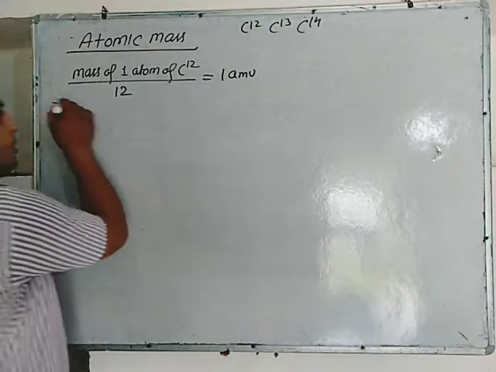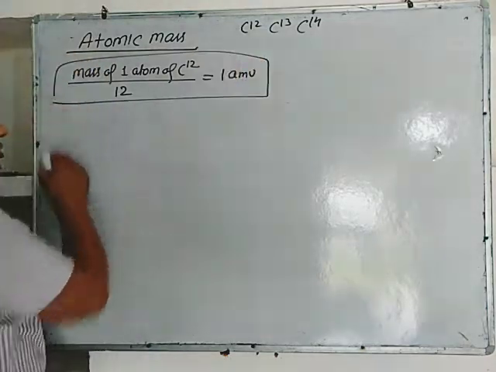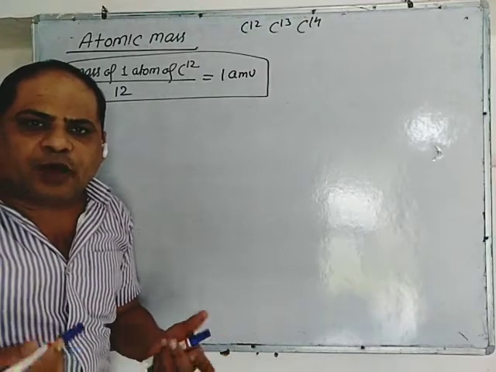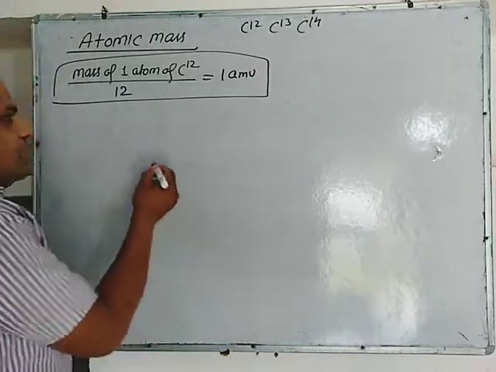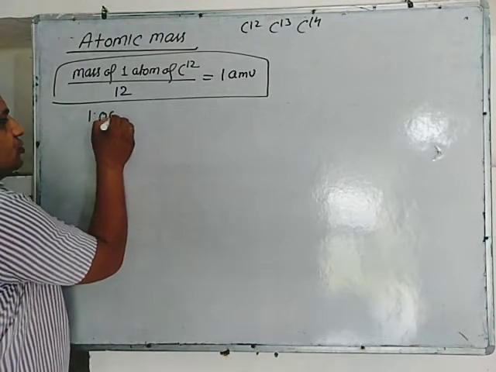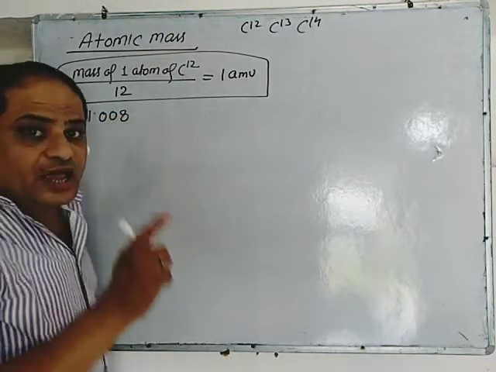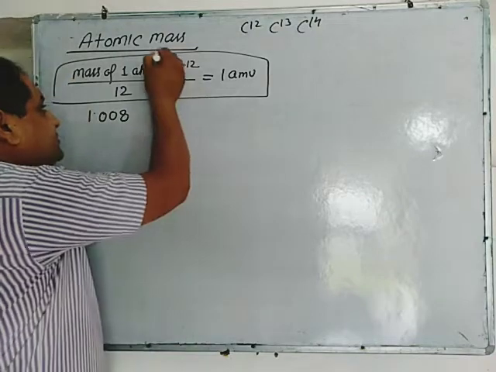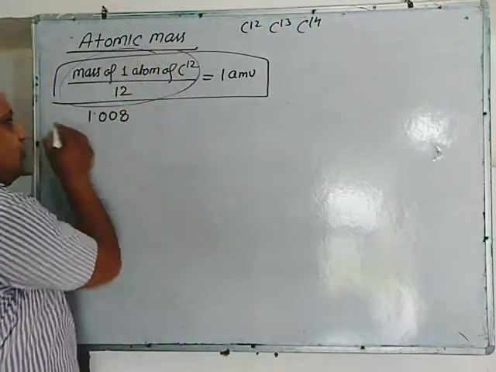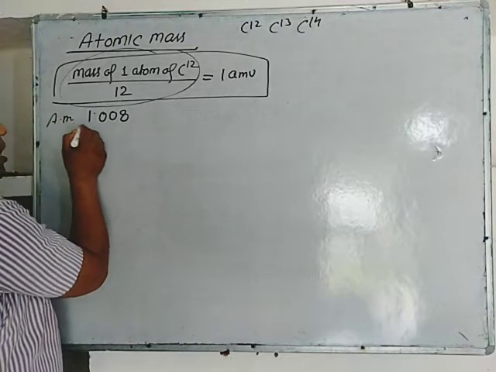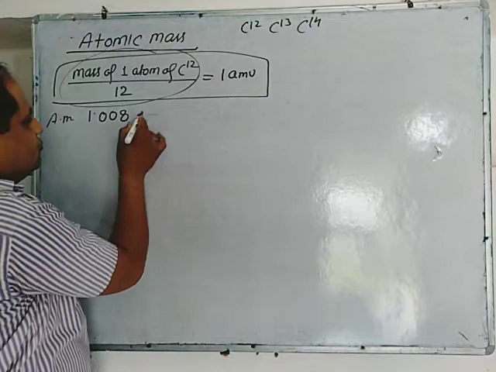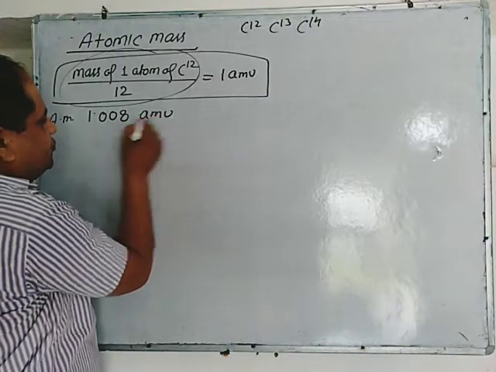This is called AMU. For example, hydrogen atom is found to be 1.008 times heavier of this mass. That's why atomic mass of hydrogen is taken as 1.008 AMU.